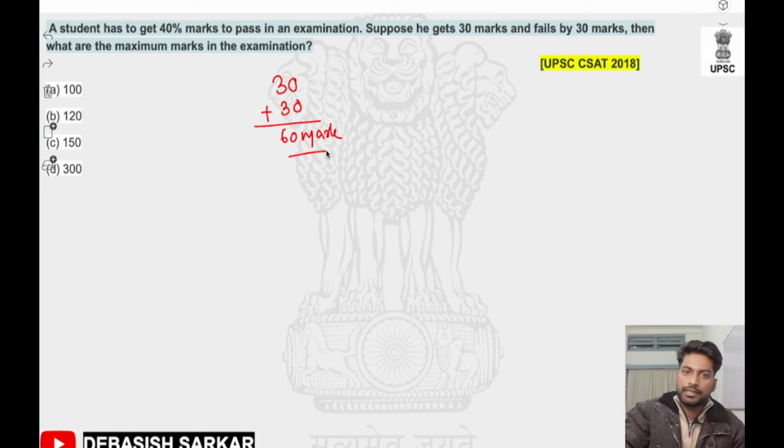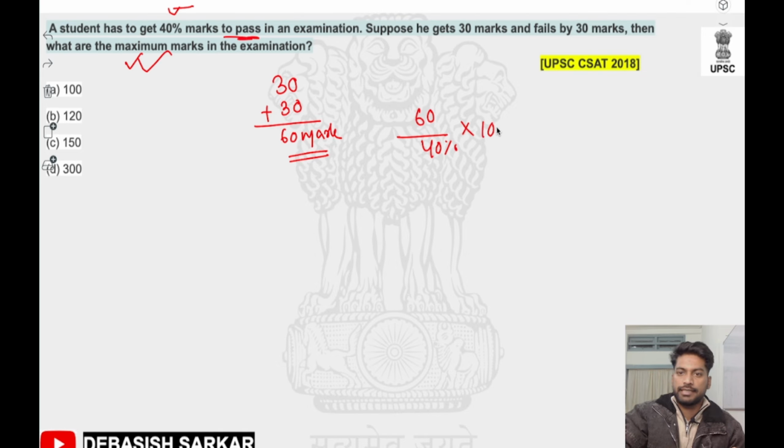He has to secure 60 marks to get passed, and 60 marks is representing your 40%, because 40% is the passing mark. So if you want the maximum mark in examination, that is 100%. So 0 0 gone. Okay, this is 15 times, so 15 into 10, that is 150. So 150 marks. Okay, chalo, next question.